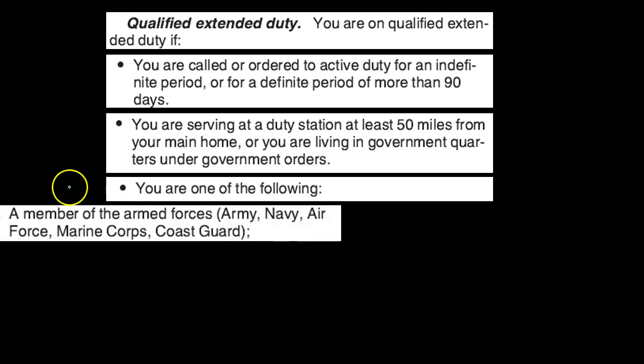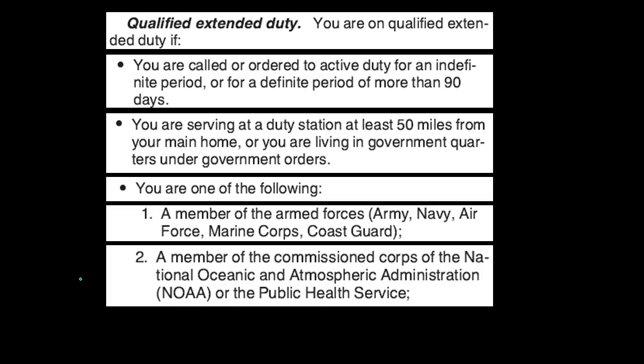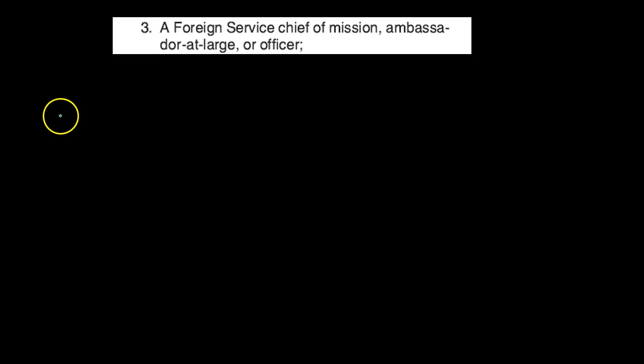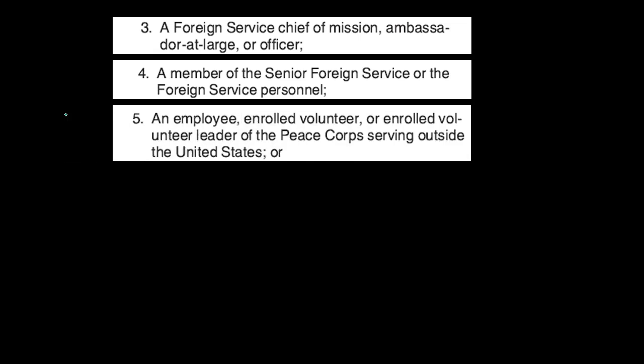You are one of the following: 1, a member of the Armed Forces: Army, Navy, Air Force, Marine Corps, Coast Guard. 2, a member of the Commissioned Corps of the National Oceanic and Atmospheric Administration, the NOAA, or the Public Health Service. 3, a Foreign Service Chief of Mission, Ambassador at Large, or Officer. 4, a member of the Senior Foreign Service or the Foreign Service Personnel. 5, an employee, enrolled volunteer, or enrolled volunteer leader at the Peace Corps serving outside the United States.